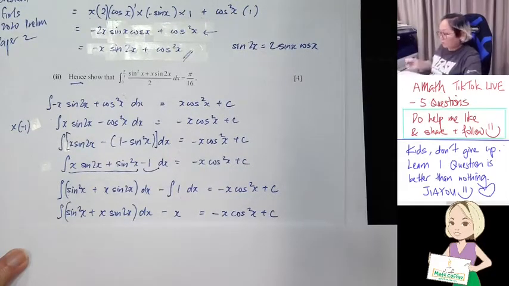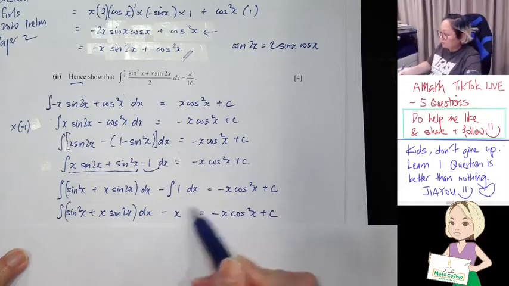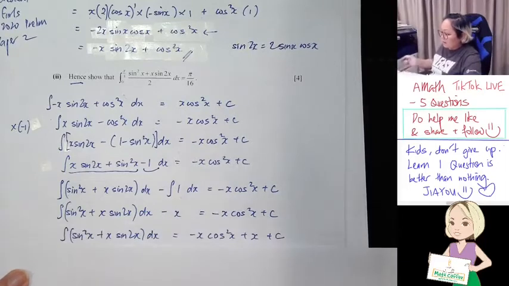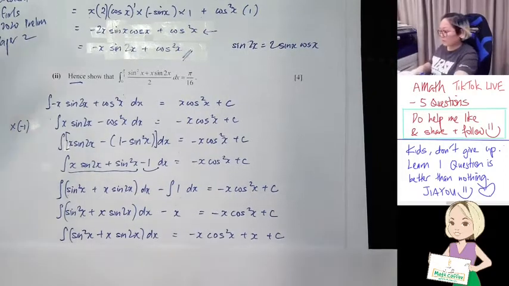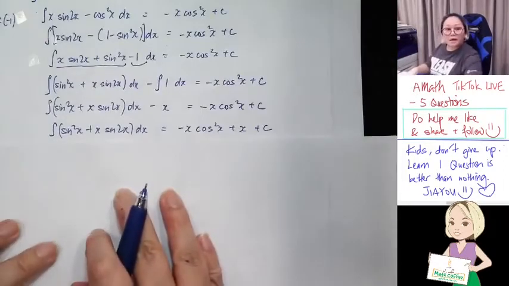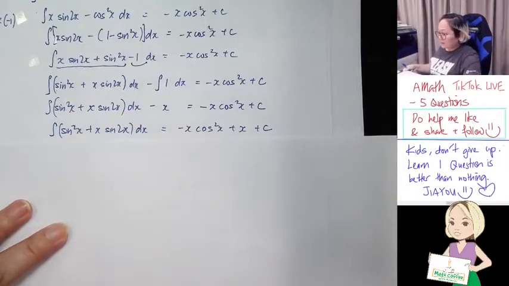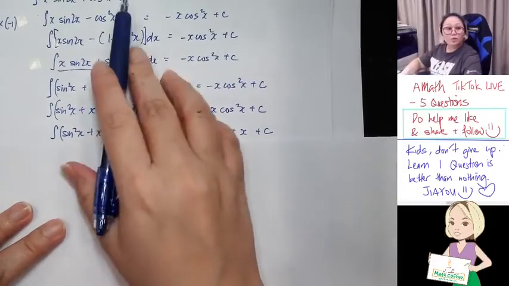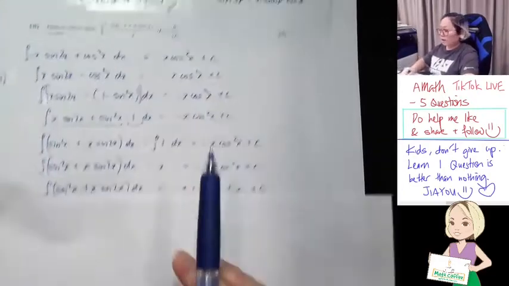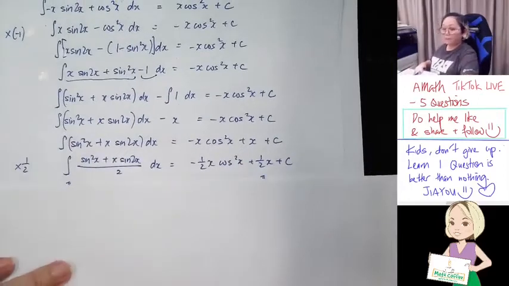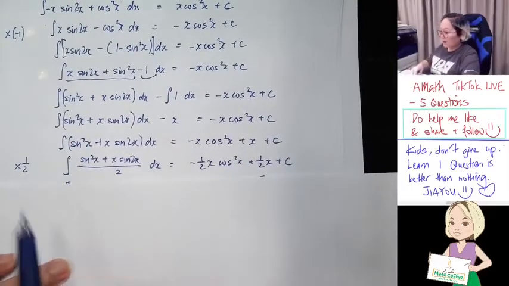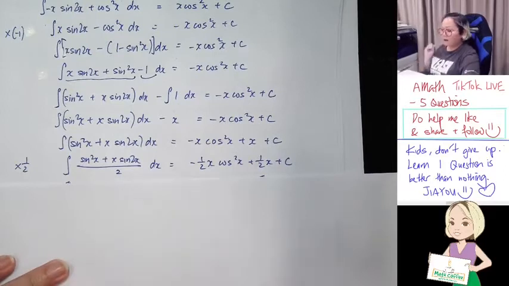Then after that, I shall bring this minus x to the right hand side, so it becomes plus x. Then because the question was divided by 2 here, I'm going to divide by 2. Divide by 2 and times half is the same meaning, so I times half. Of course everything must times half.